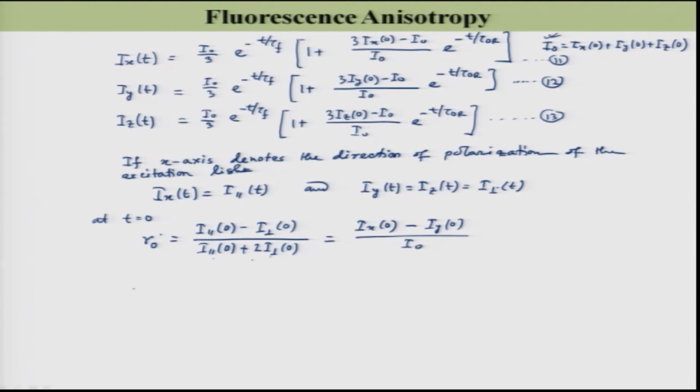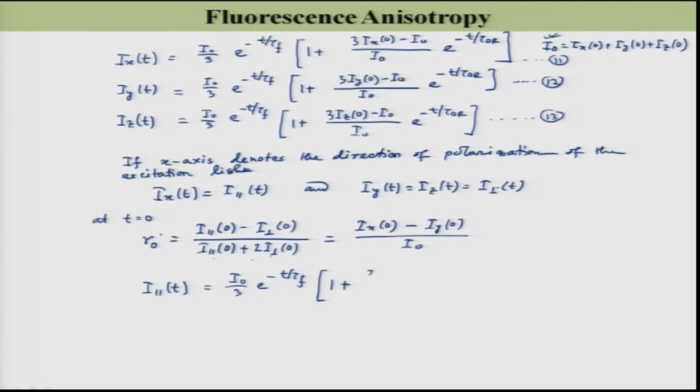Okay. Now, if I want to calculate this I parallel t, then this is nothing but Ixt, right. So, I will simply write this equation Ixt. So, this will be equal to I0 by 3 e to the power minus t by tau f into 1 plus 3 Ix0 minus I0, right.